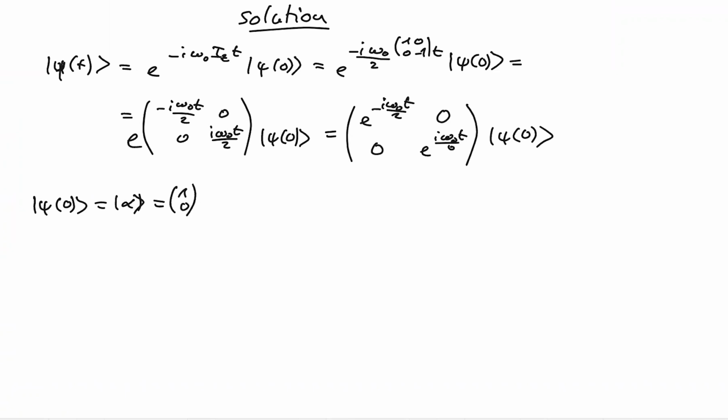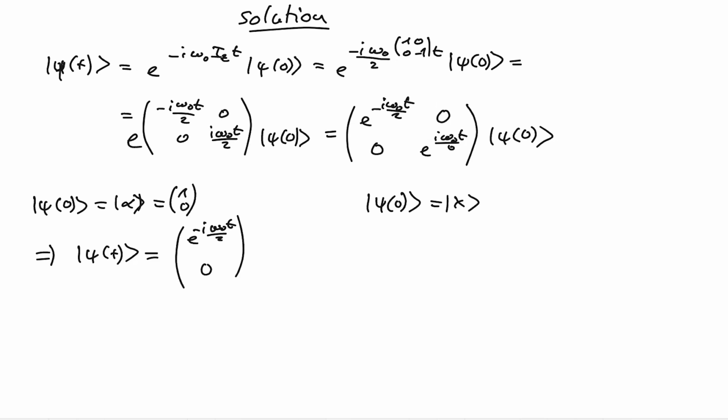In this case, it's very easily seen that psi of t simply is a vector e to the minus i omega 0 t half and 0. And also for psi 0 equal the x state, which we had as 1 over square root of 2, 1, 1.